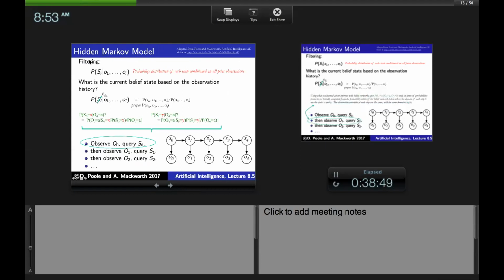What we're very often going to want to do with a hidden Markov model is what is called filtering, given a set of observations. These are observations corresponding to each state, but are not the states themselves.